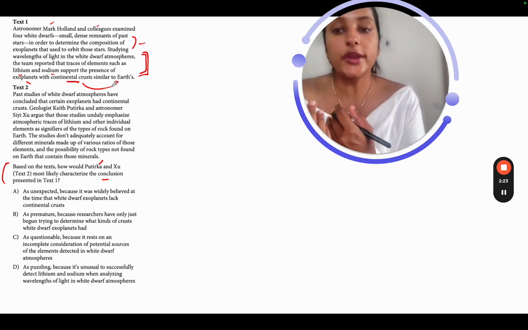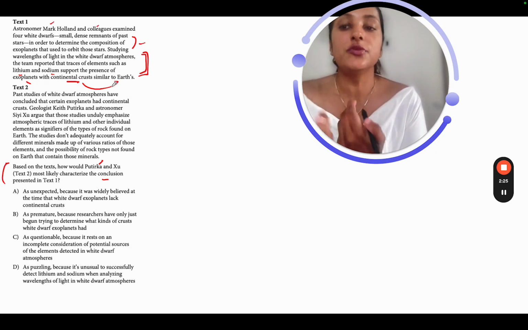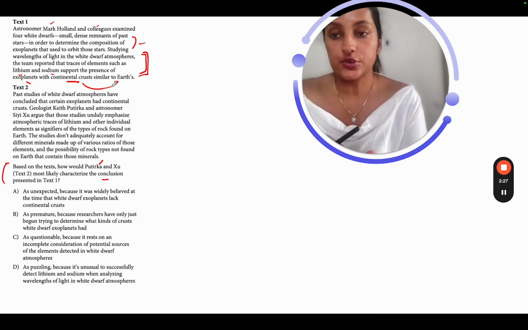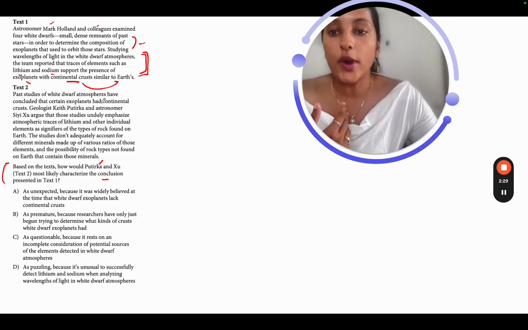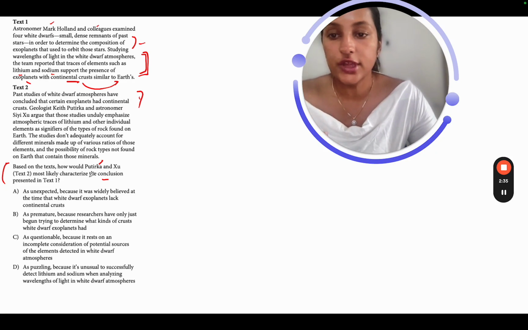Let's go to text 2 and understand how P and X would feel about this particular conclusion. Past studies of white dwarf atmospheres have concluded that certain exoplanets had continental crusts. Okay, we still don't have these 2 people. Let's read ahead.